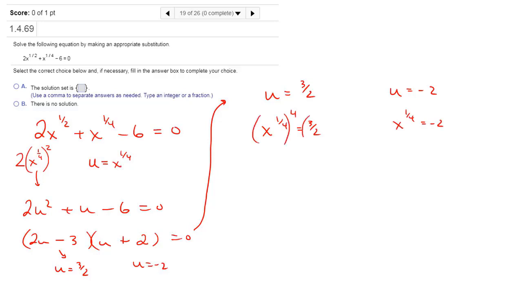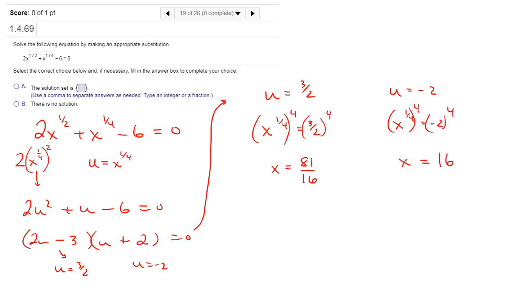So this is the 4th power. That's crazy. This is 3 times 3 times 3 times 3. So 3 times 3 is 9, times 3 is 27, times 3 is 81. 81 over 16, because 2 times 2 times 2 times 2 is 16. This one's going to be to the 4th power. -2 times -2 times -2 times -2 is positive 16.